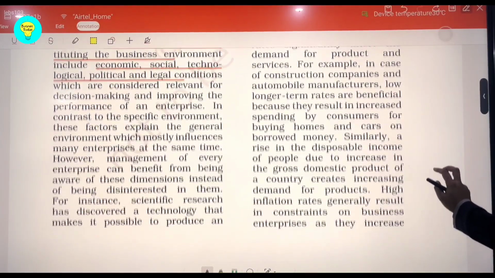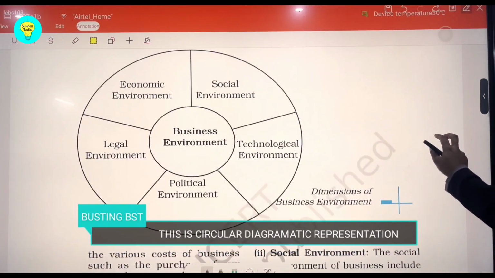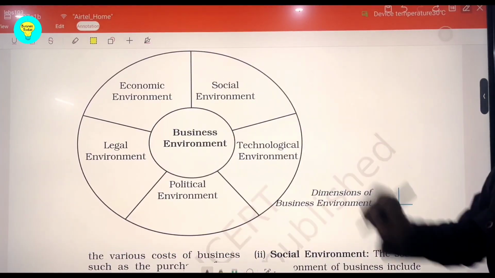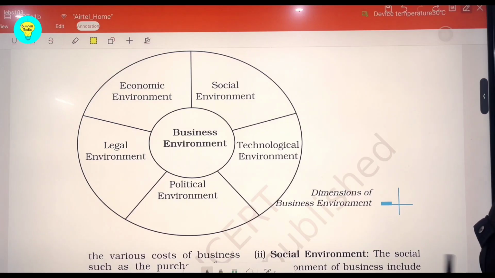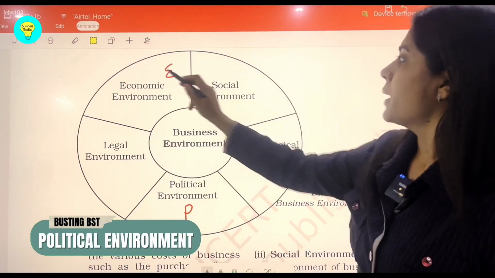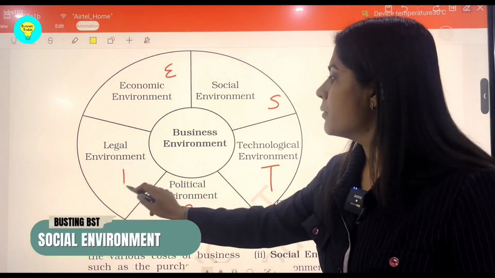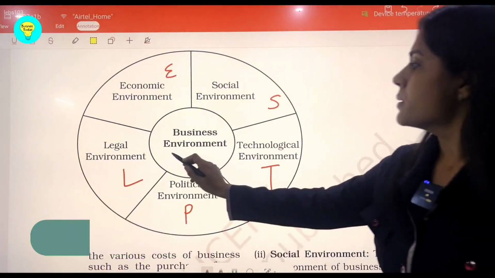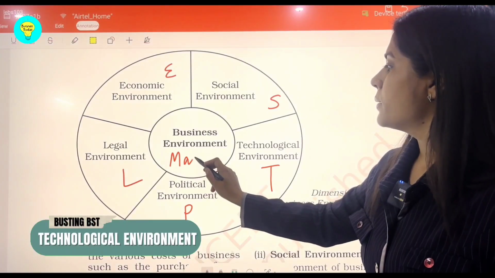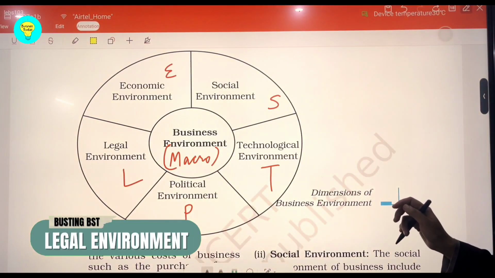So one by one we are basically discussing these points. This is a clear circular diagrammatic representation. This is P for political, E for economical, S for social, T for technological, and L for legal environment. We can call it the macro segment of the business environment of a business.